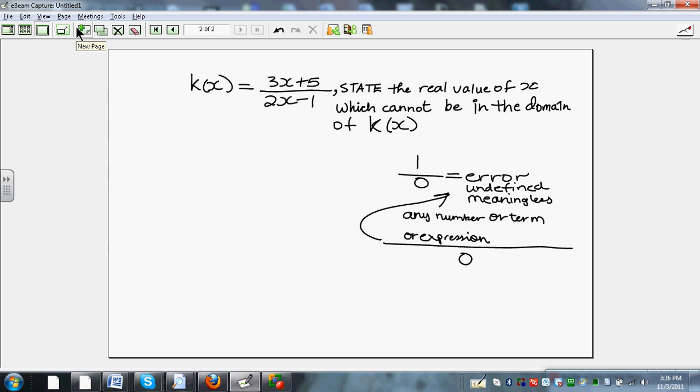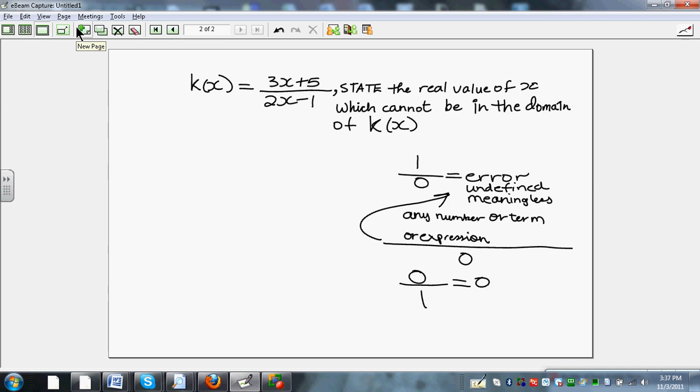However, what is 0 divided by 1? You sure? Put it on the calculator and see now. What are you getting? 0. Right.